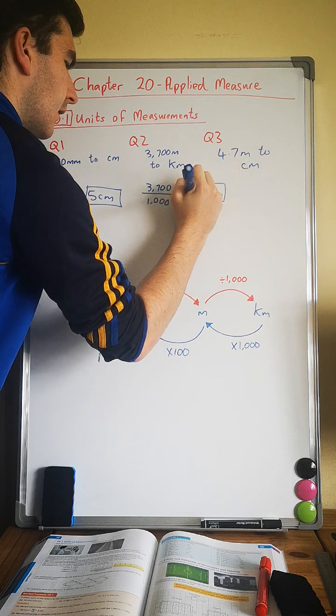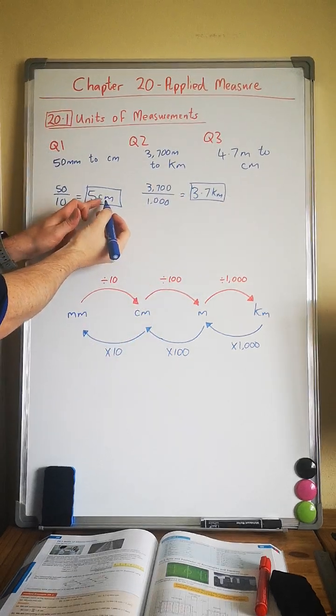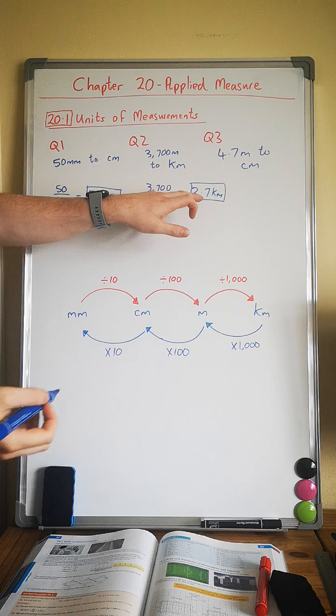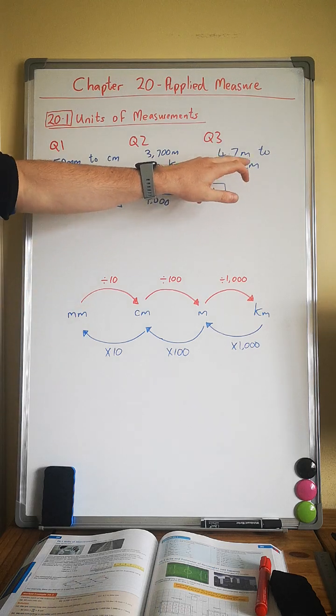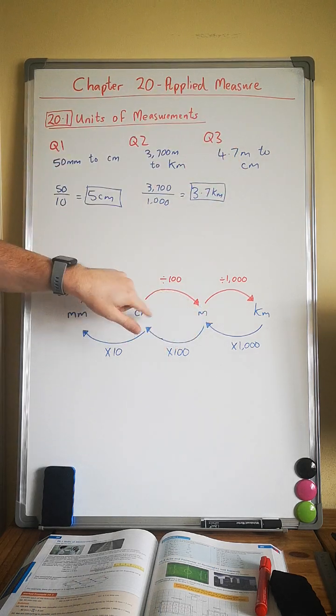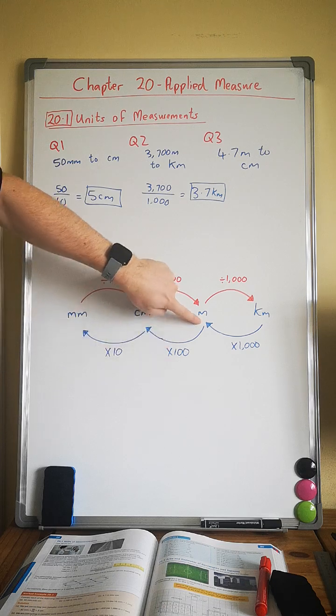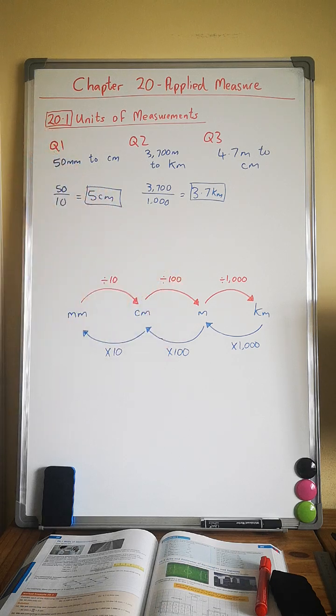kilometers. Really important as well, you include your units, your centimeters and your kilometers. If you give an answer of 3.7, that could be anything. So you have to make sure you include your kilometers. And we'll go from meters to centimeters. So this time now, we're actually using the blue arrows. We're going from meters back to centimeters. So 4.7 meters.